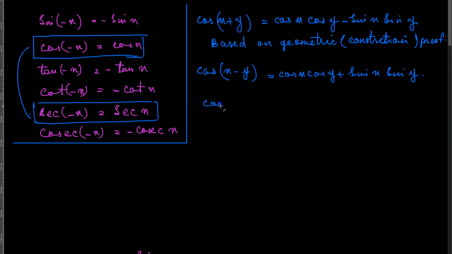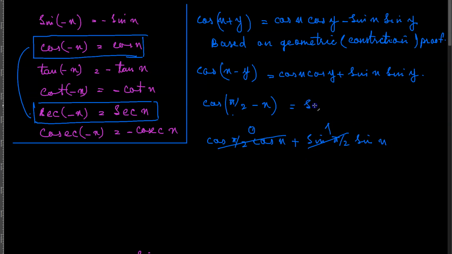So cos of pi by 2 minus x, I can calculate based on this, which gives me basically cos x cos y, which is cos pi by 2 cos x, plus sine x sine y, which is sine pi by 2 sine x, right? Now cos pi by 2 is equal to 0, so this goes to 0. Sine pi by 2 is equal to 1, so this becomes sine of x.